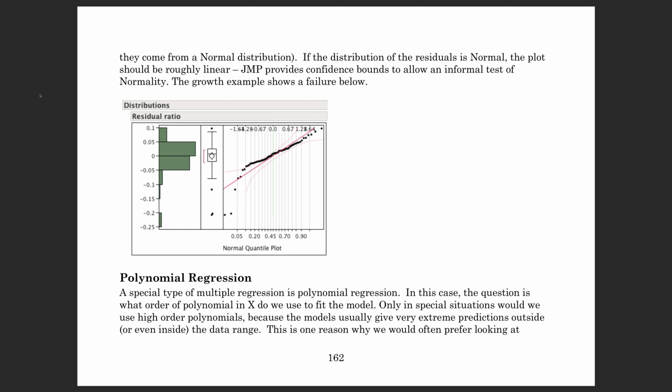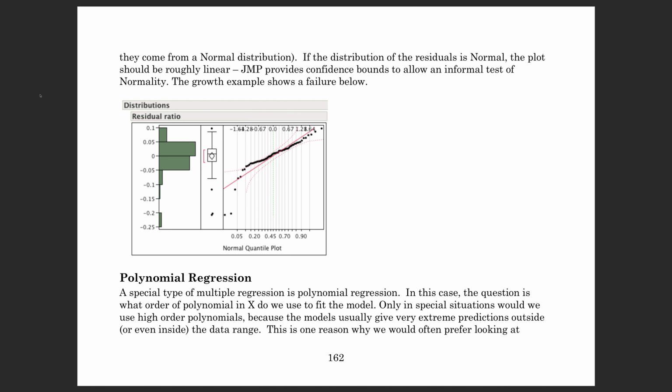Okay, so we've looked at the diagnostics, we've looked at the residuals themselves, we've looked at the leverage, we've looked at whether the residuals follow a normal distribution. But what about other possible approaches? For the growth curve, we want to come back to that one again, because one of the other possibilities for a multiple regression model is polynomial regression.